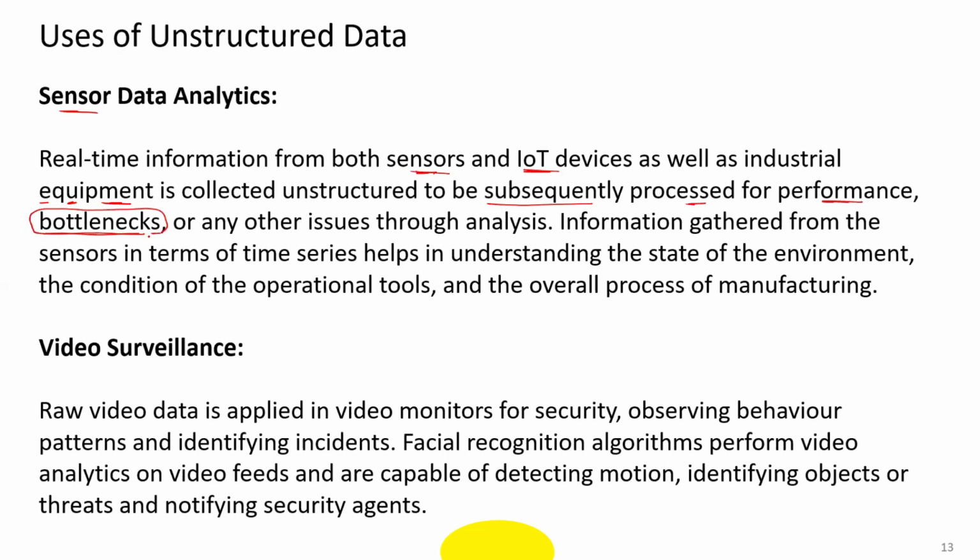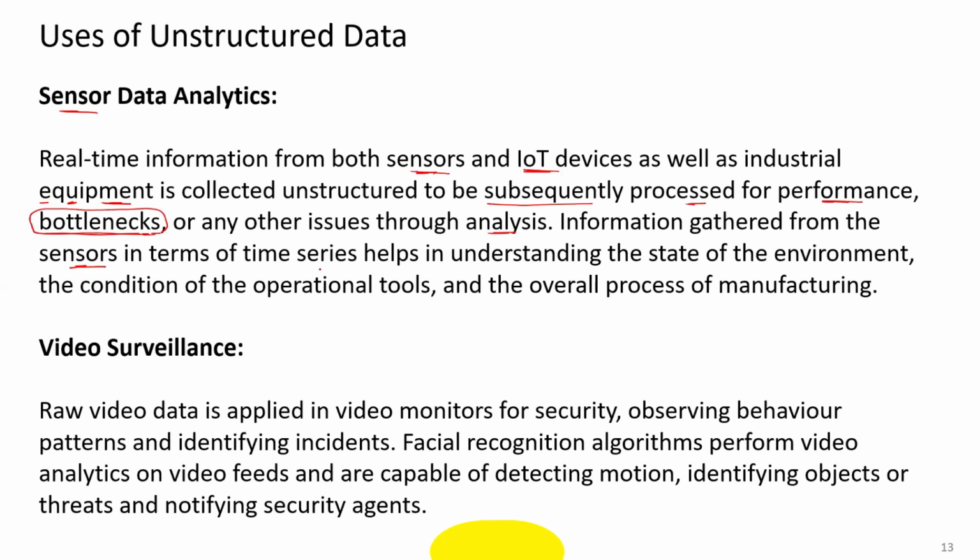Maybe we can see error logs, or if any warning or issue is frequently generated on the plant by a specific machine or device, we can use its data to analyze the process or any other issue. Through the analysis we can make some sense out of it.